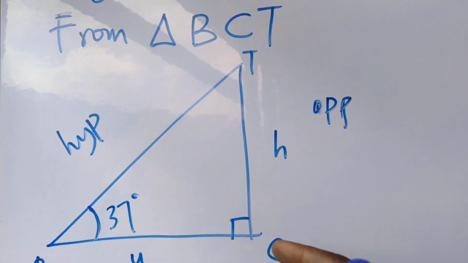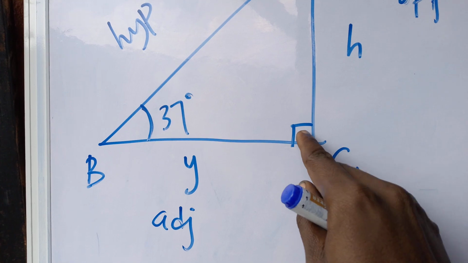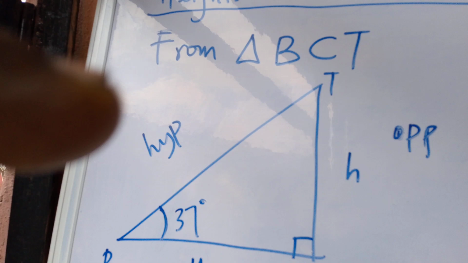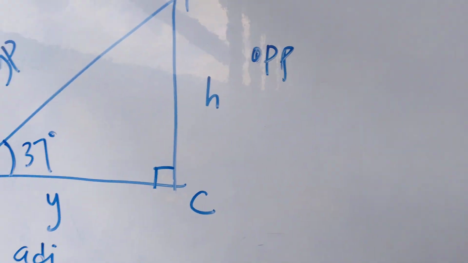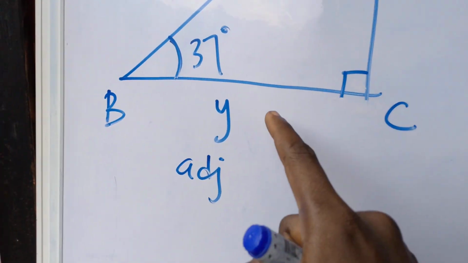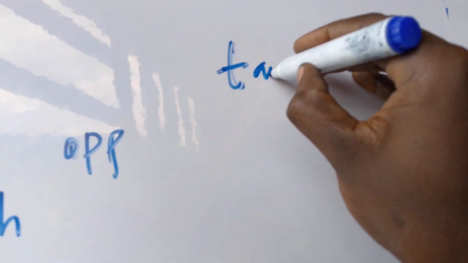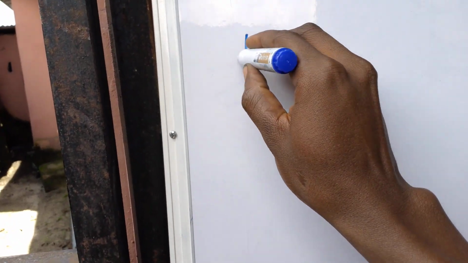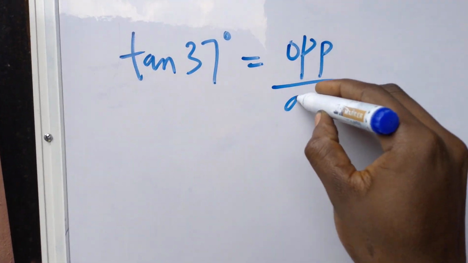Take note: the side that faces the angle is my opposite, and the side that faces 90 degrees is my hypotenuse, which is the longest side of the right angle triangle. The remaining side becomes the adjacent side. Given that the opposite side is h and the adjacent side is y, tan 37 degrees is the opposite divided by the adjacent.